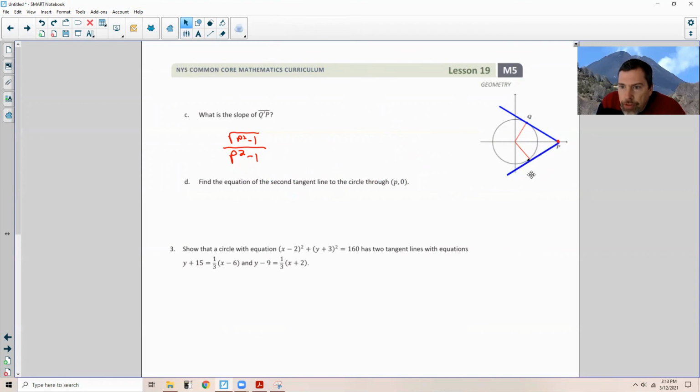Okay, so there's the tangent line. It would be more like that. There, that's a better depiction. So I want the equation of this one going through q prime, the second tangent line to the circle going through that point P comma 0.